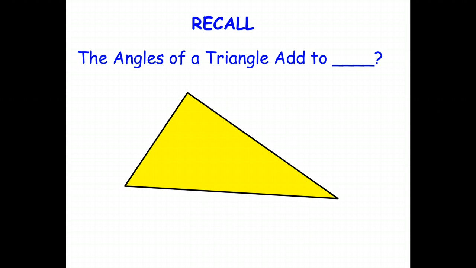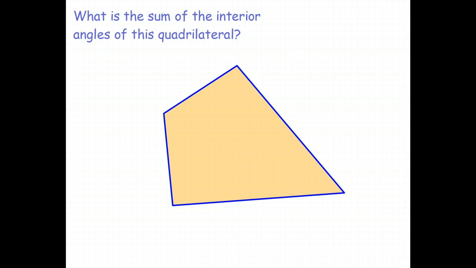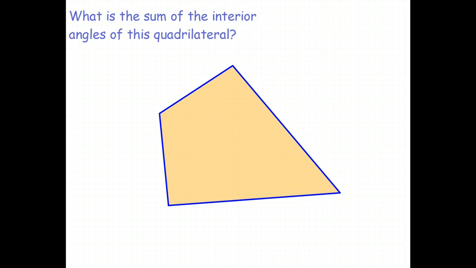Okay, so quickly recall the angles of a triangle add to 180 degrees, which you probably learned some time ago. Now we showed you recently in a previous video that the angle sum of a quadrilateral is 360, and we did that by dividing it into two triangles.